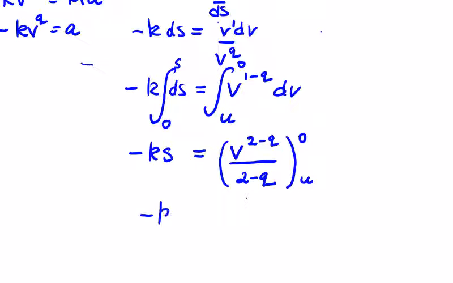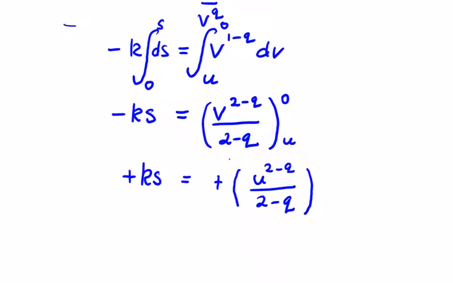So minus ks is equal to, it's going to be 0 on top, so it's going to be 0 for 0, and then we're going to get minus, maybe put the minus outside the bracket, we're putting u in for v, so we're going to get u to the power of 2 minus q over 2 minus q, and we can change them both to pluses or multiply by minus 1 at this point.